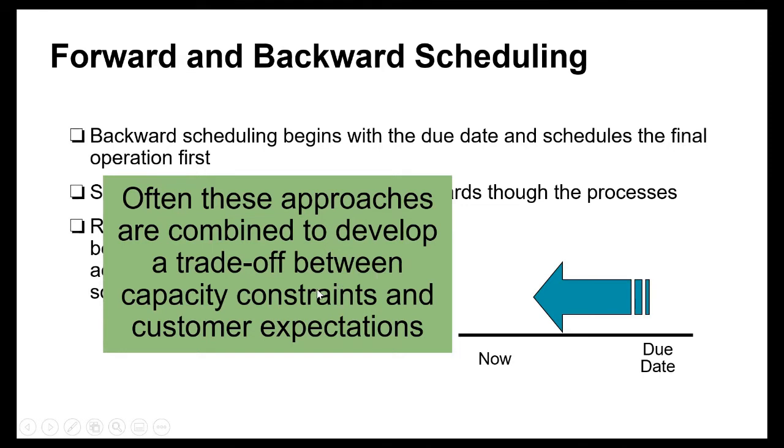It's not just using forward or backward alone, but normally combined, to develop a trade-off between capacity constraint and customer expectation. So we can have some rules to decide which jobs to execute first.